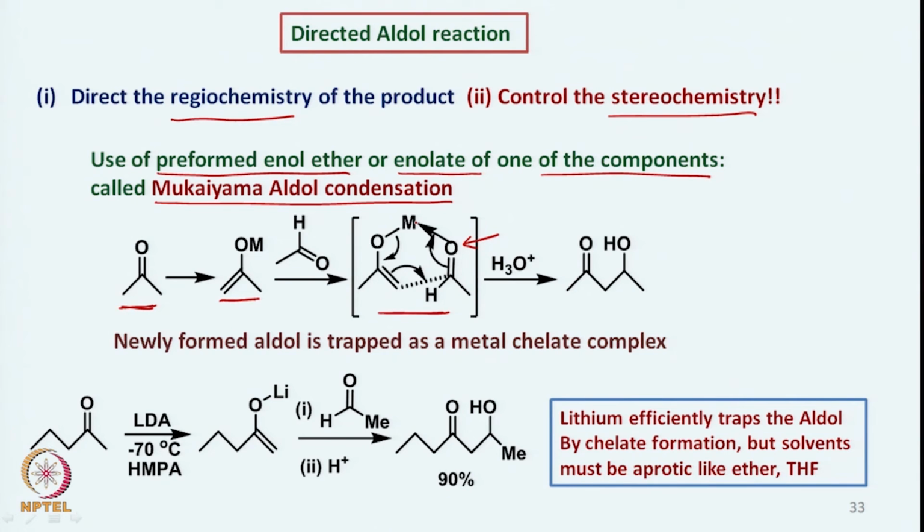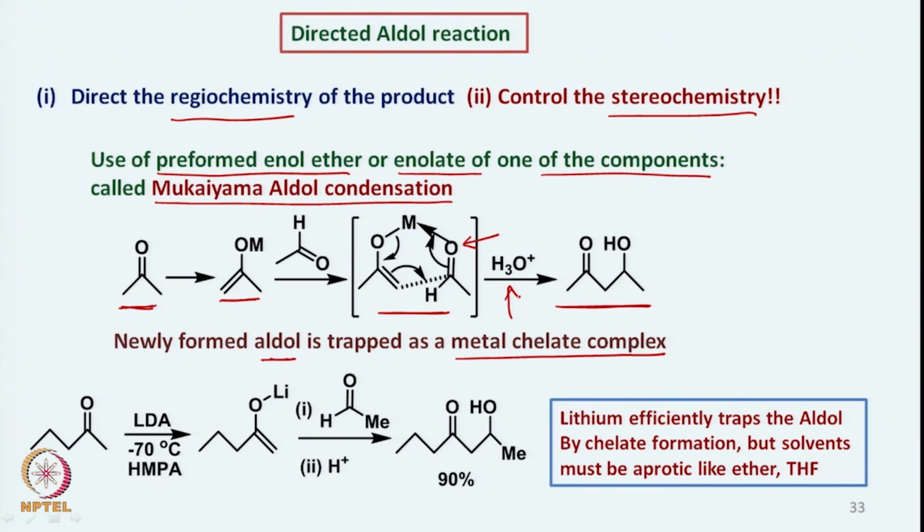That leads to the formation of the corresponding aldol after the hydrolysis has taken place. Now this newly formed aldol is essentially trapped as a metal chelate complex, and that is the reason why we need the hydrolysis to take place.